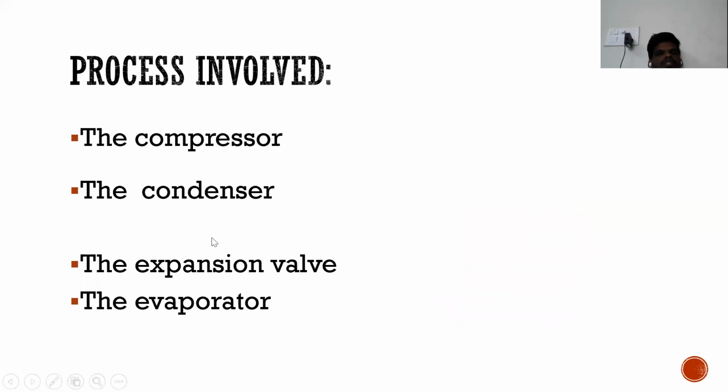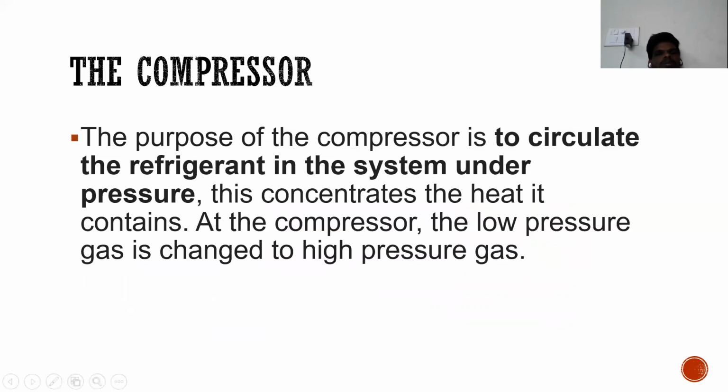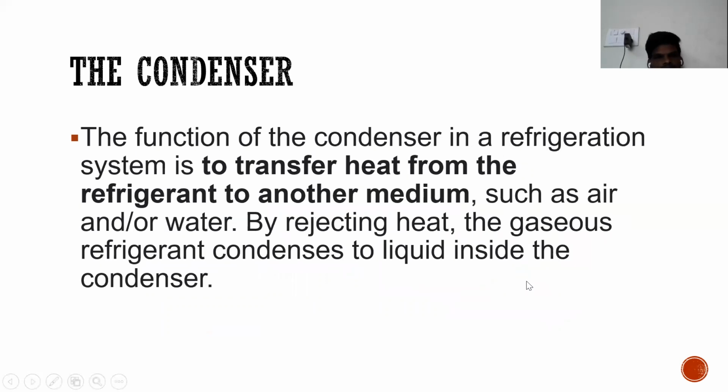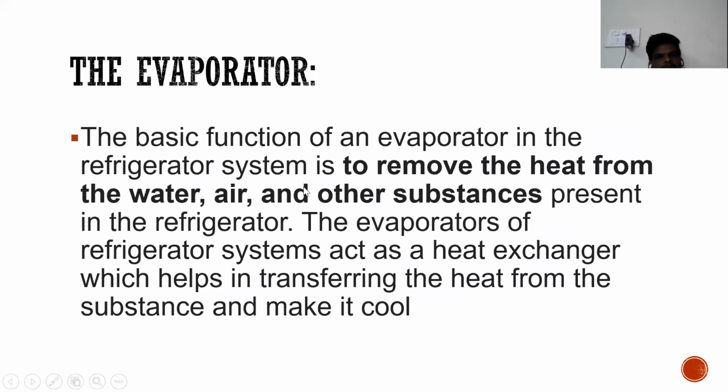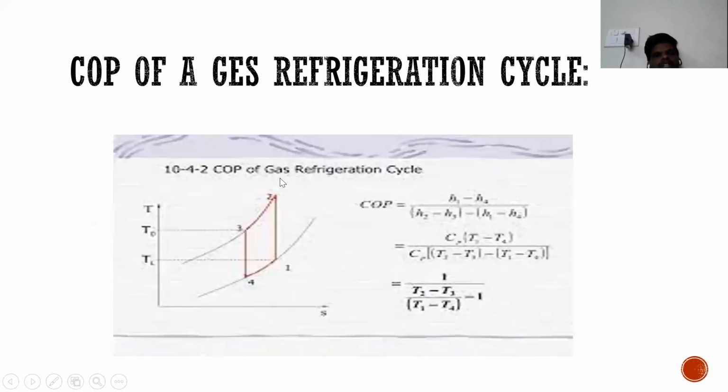And this is the process for the compressor, condenser, expansion valve, and evaporator. The purpose of the compressor we know already. The condenser is to change the liquid phase, the expansion valve will reduce the pressure of the liquid, and the evaporator is to evaporate the liquid refrigerant.